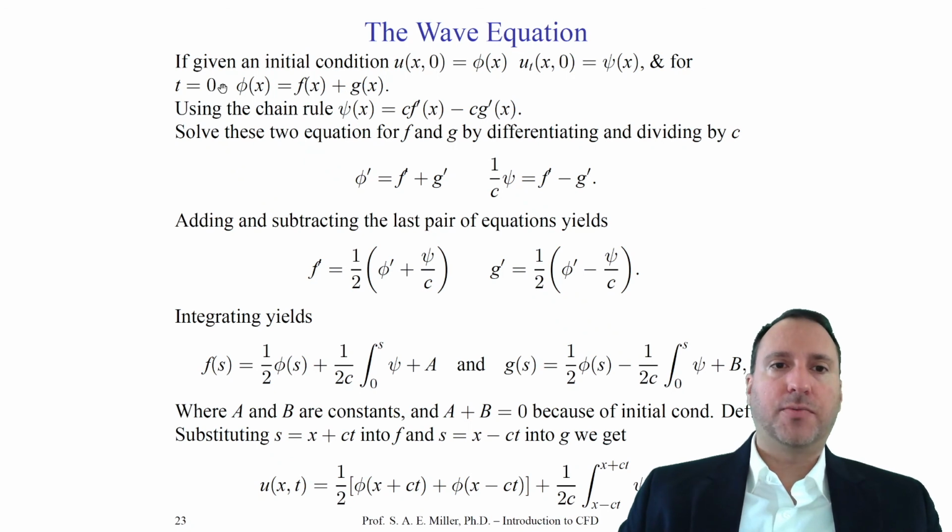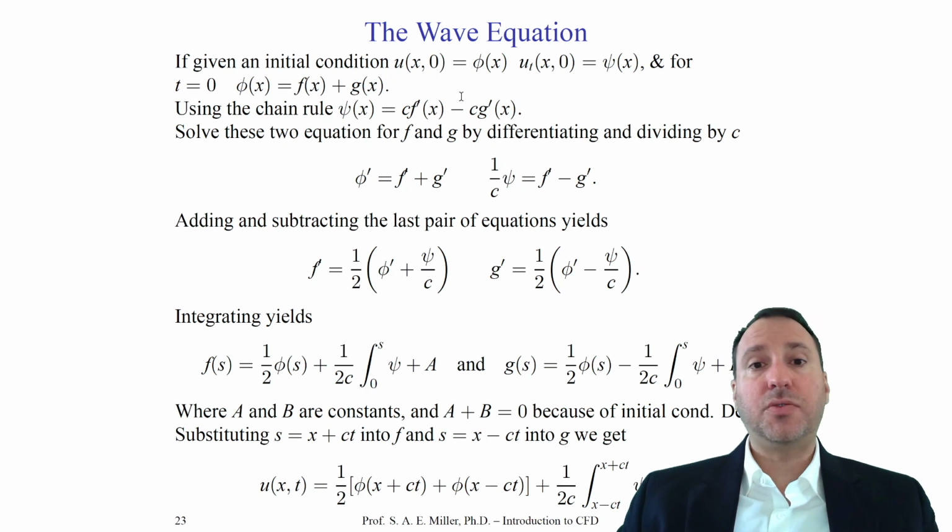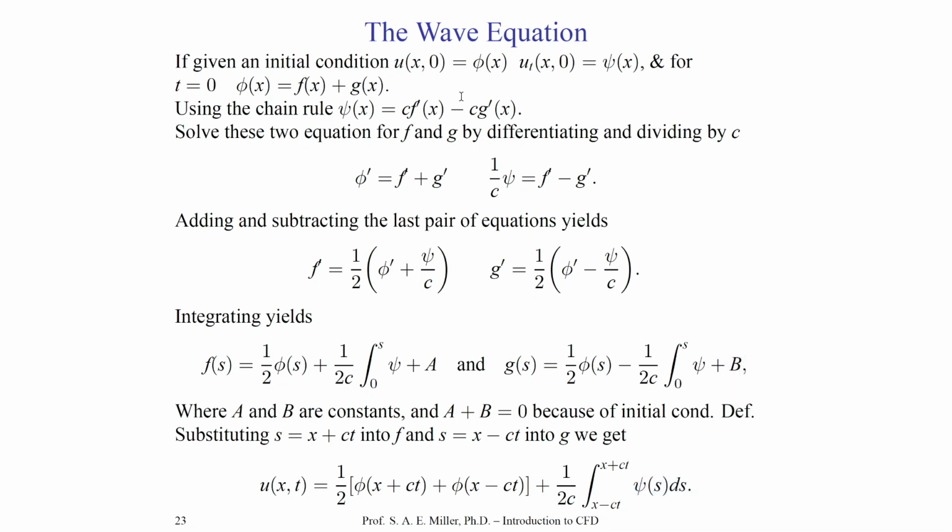Now we can use the chain rule for psi of x and rewrite psi of x for the initial condition as c f derivative of x minus c g derivative of x. So these two equations, for f and g, can be shown by differentiating and dividing by c. For example, phi prime will now be f prime plus g prime, and 1 over c psi will be f prime minus g prime.